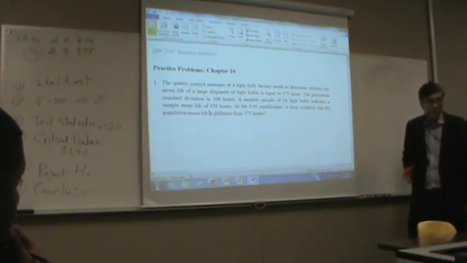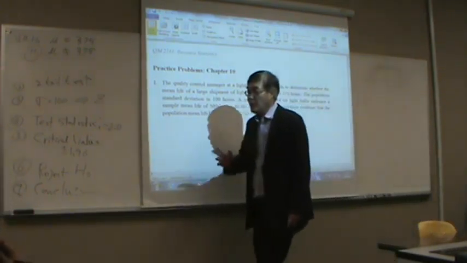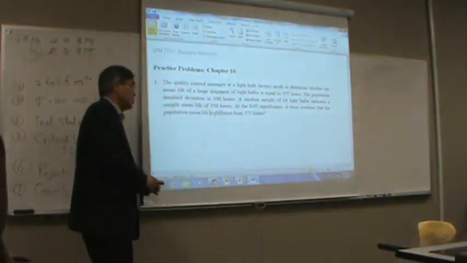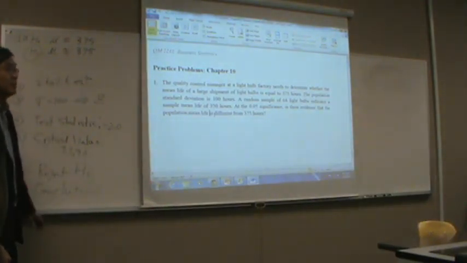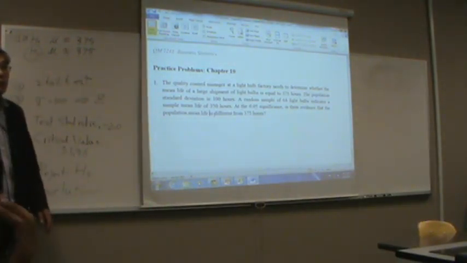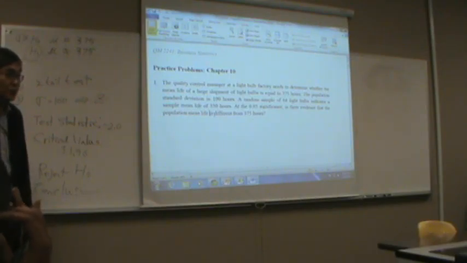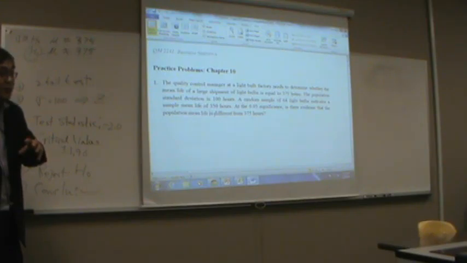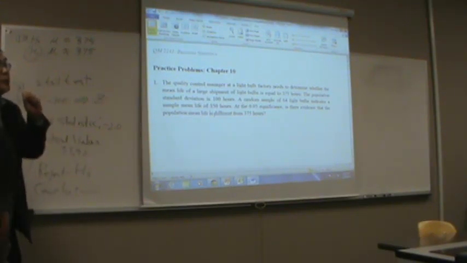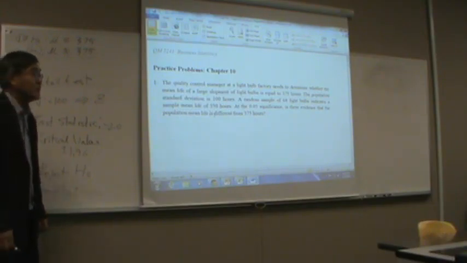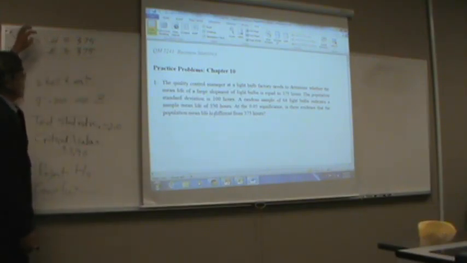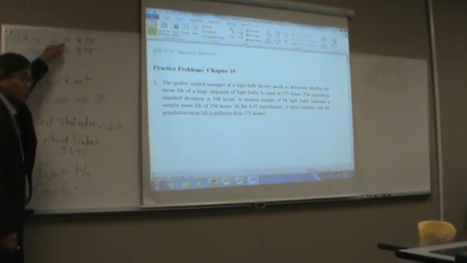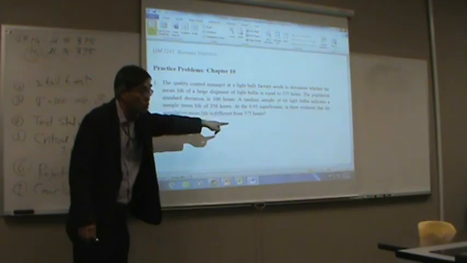Okay, if the test result is inside and we do not reject H0, do not reject the null hypothesis, then how can we write the conclusion? Do not reject H0 means this is true, right? Then equal is true. Different is not true.